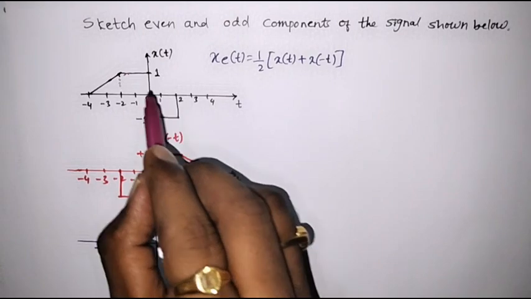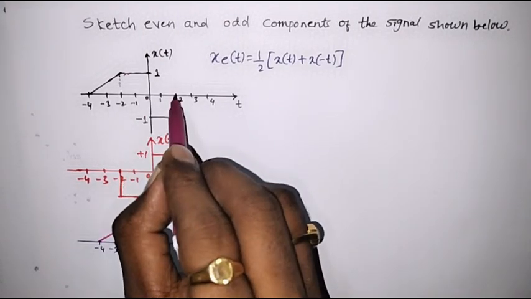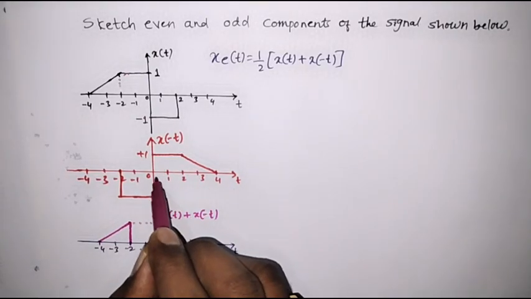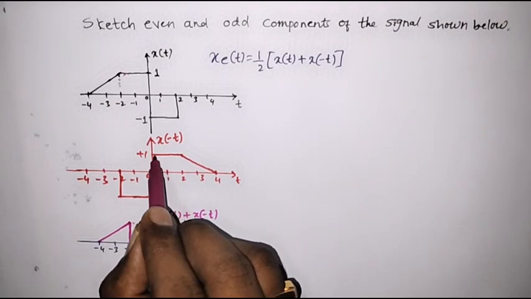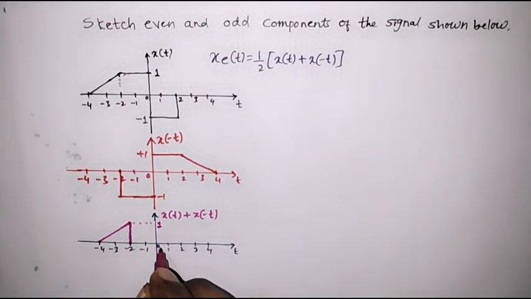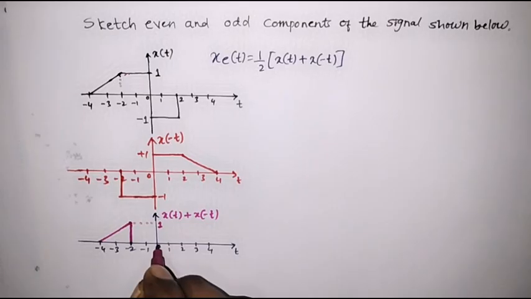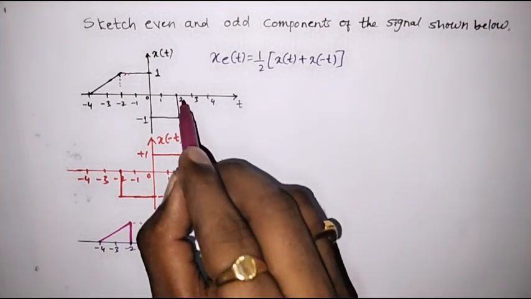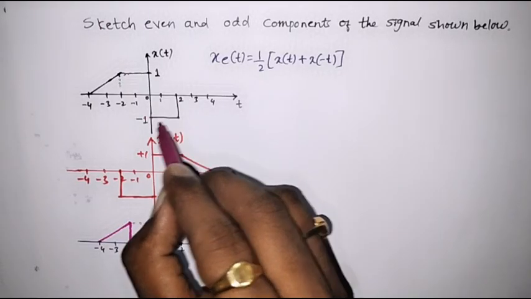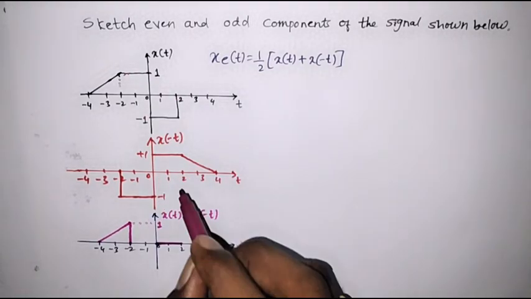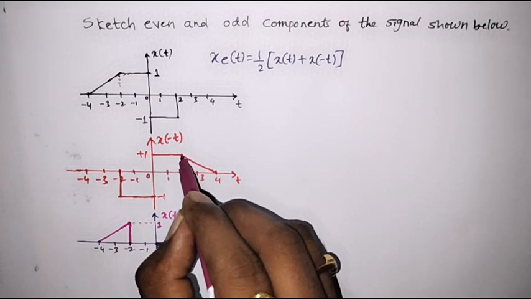Now here we can observe from t equal to 0 to 2 its amplitude is constant, that is minus 1, and here from 0 to 2 the amplitude is constant, that is plus 1. So when we add plus 1 with minus 1 the result will be 0. Therefore from 0 to 2 the result will be 0. Now at t equal to 2, the value has fallen from minus 1 to 0, so its value is 0, while the other signal's value is 1.